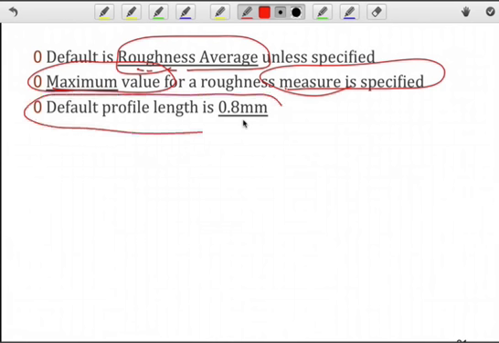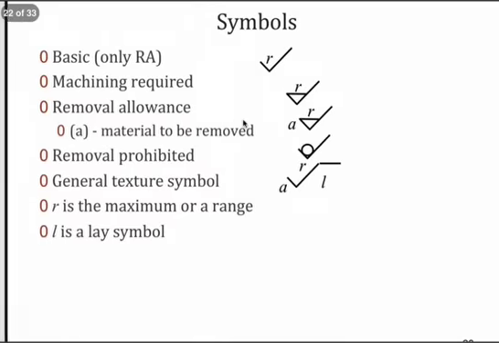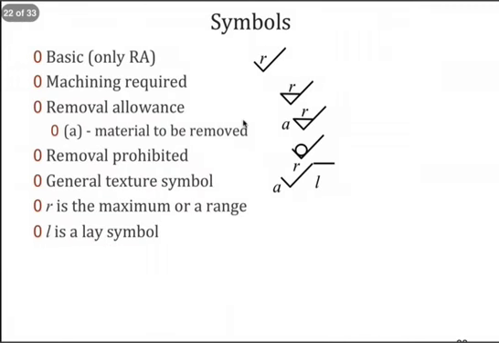Also note that we take a very small sample of the surface. The typical length for L is 1 millimeter or less. Extremely small. Now, of course, you might take multiple samples, but you can see we're looking at a very small sample on the surface. So here are some of the symbols that you'll see.